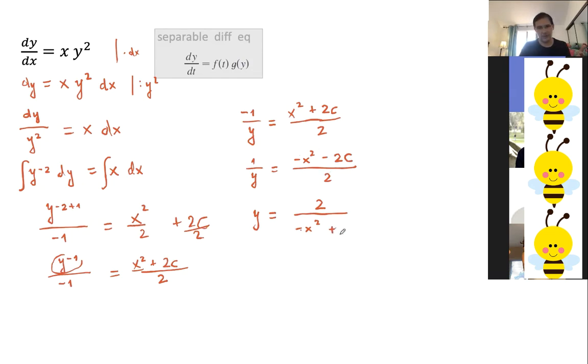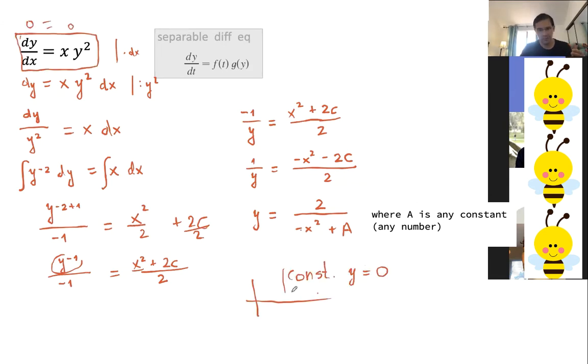I can say plus any number a, where a is any constant. The constant function 0 is also a solution to this differential equation. But now, no matter what constant a you take, there's no way you can generate this solution just by manipulating this constant a.